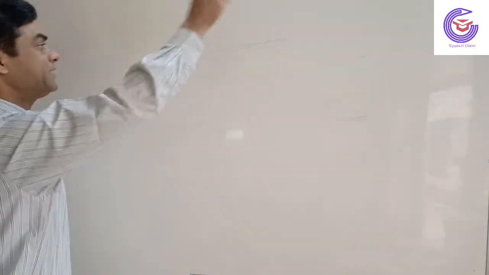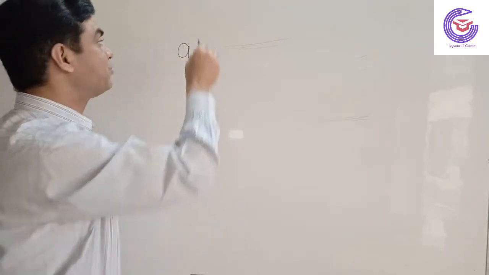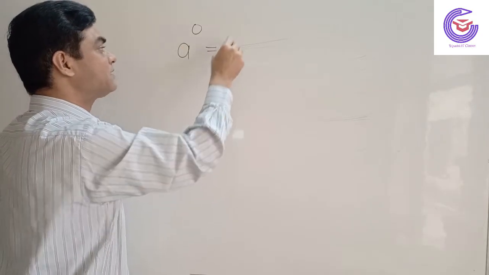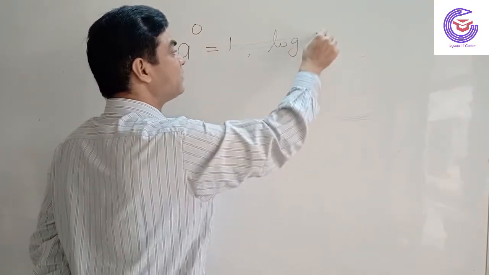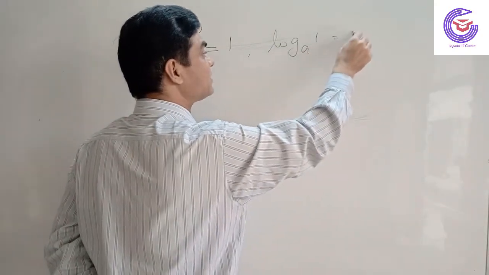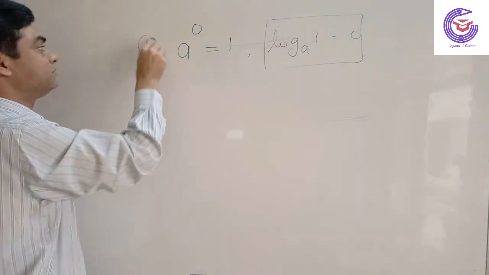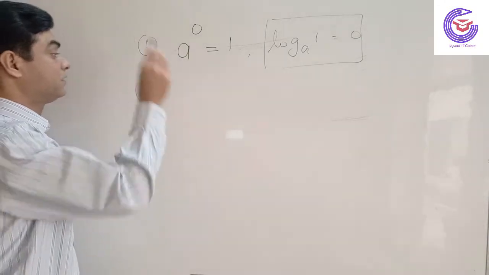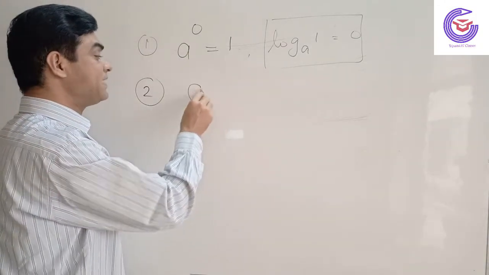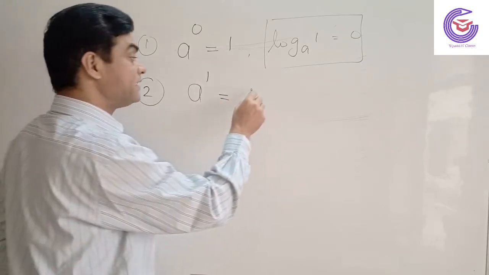Here is the first property of logarithmic. For any number, if the exponent is 0, the result is always 1. So log 1 base a always comes 0. This is your first property. Second property: for any number, if the exponent is 1, the result is always the same number.